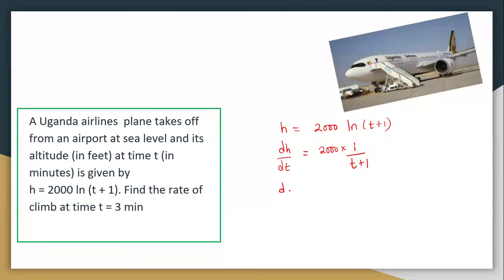Now, dh/dt at t equal to 3 is 2000 out of 3 plus 1.